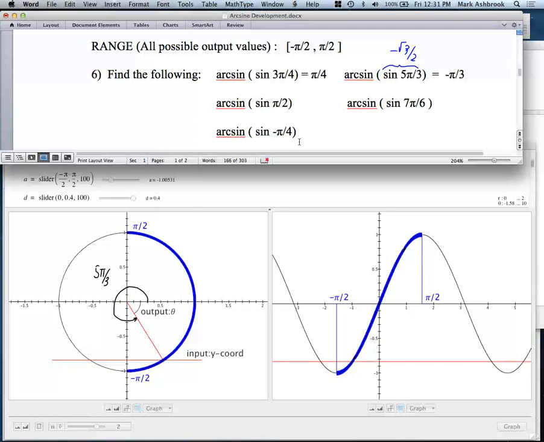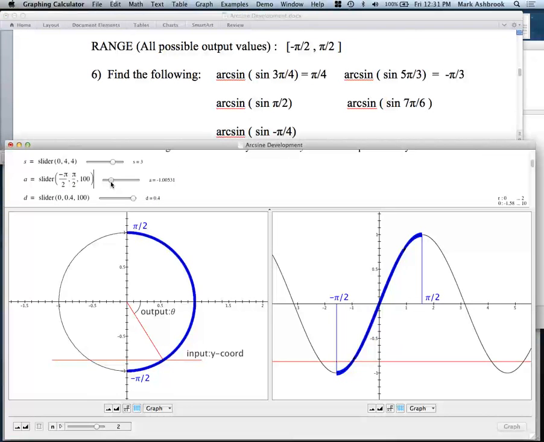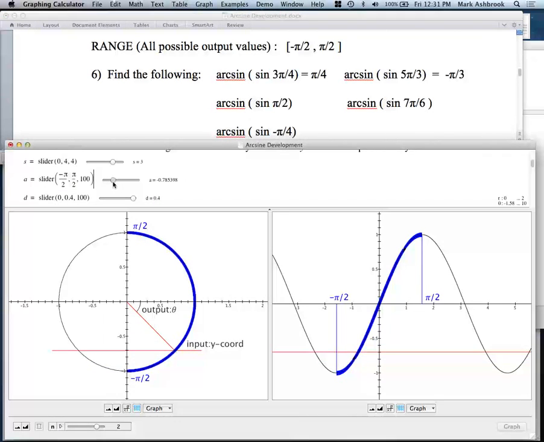What's the sine of negative pi over 4? What's that? Negative root 2 over 2. And so that's this input right here. So what angle between negative pi over 2 and pi over 2 has a y-coordinate of negative radical 2 over 2?